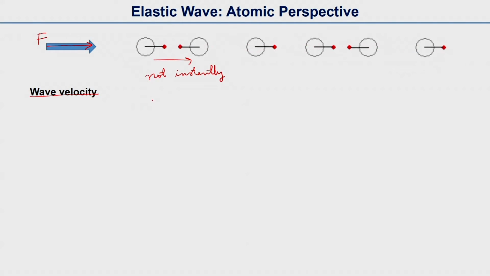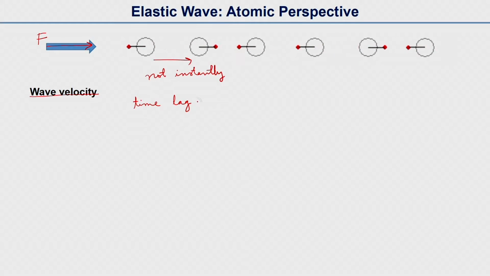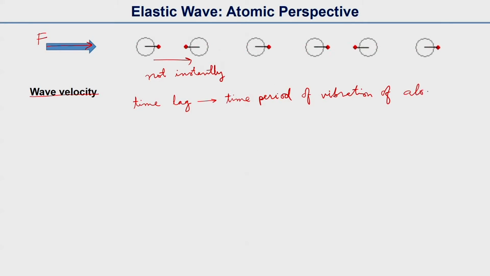So what will be the time difference? The time lag for transferring the disturbance from atom 1 to atom 2 is the time period of atomic oscillation.